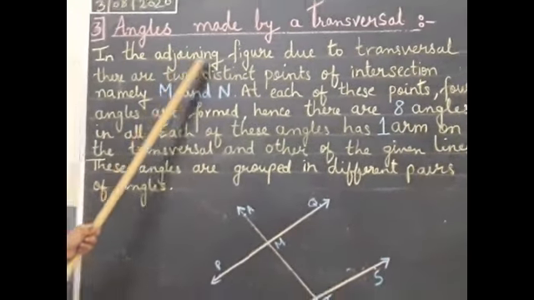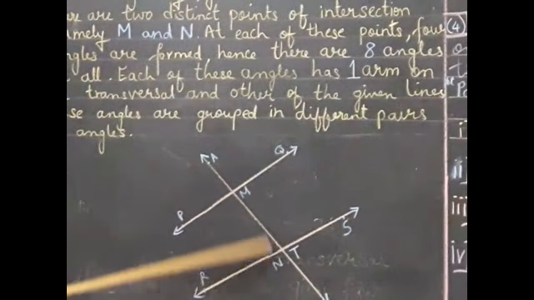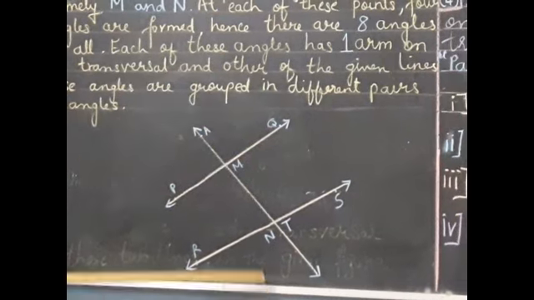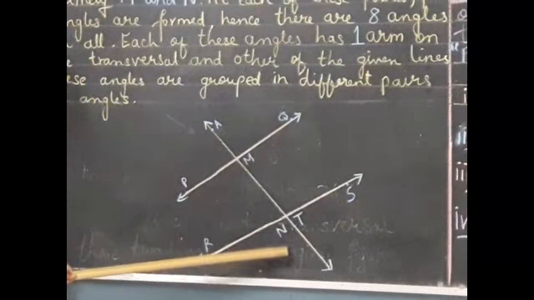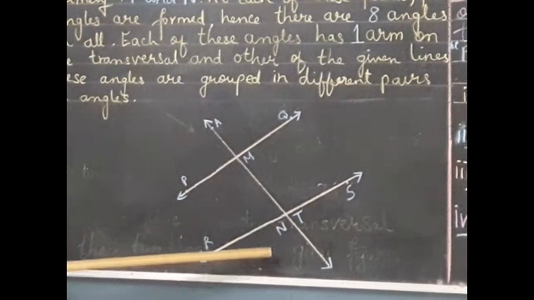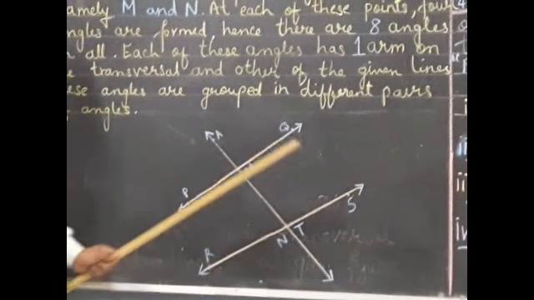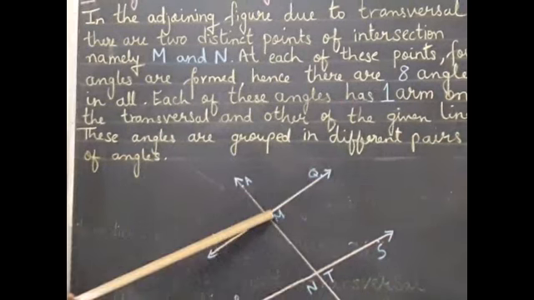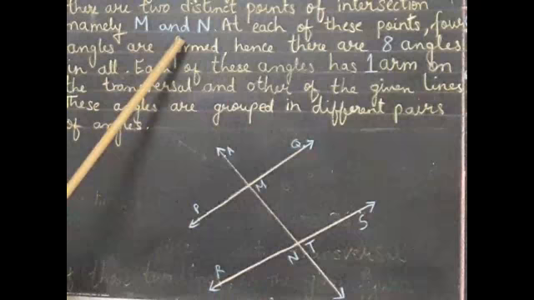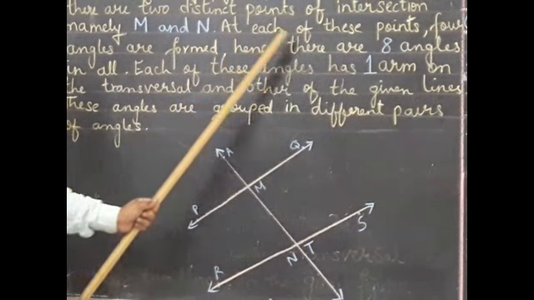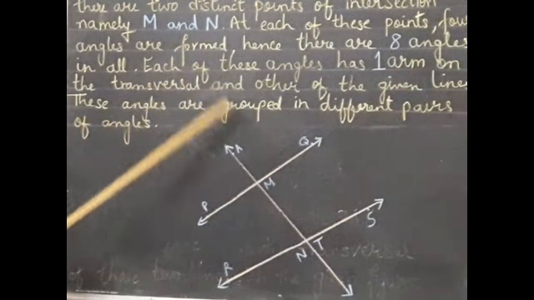Angles made by a transversal. In the adjoining figure, due to transversal A, these are two distinct points of intersection of PQ and RS, namely M and N. At each of these points, four angles are formed.